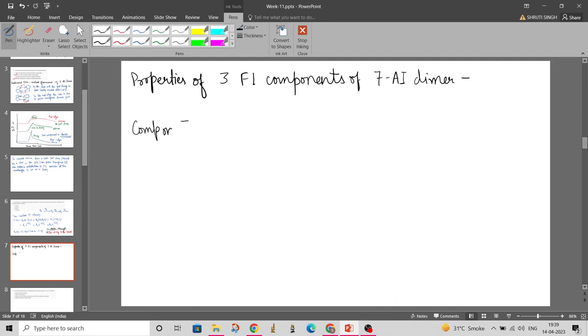Component: first was the ultrafast part, then the fast component, and then the slow component. So the ultrafast component was 0.2 picosecond, the fast component was 1.1 picosecond, and the slow component was 3 nanoseconds.